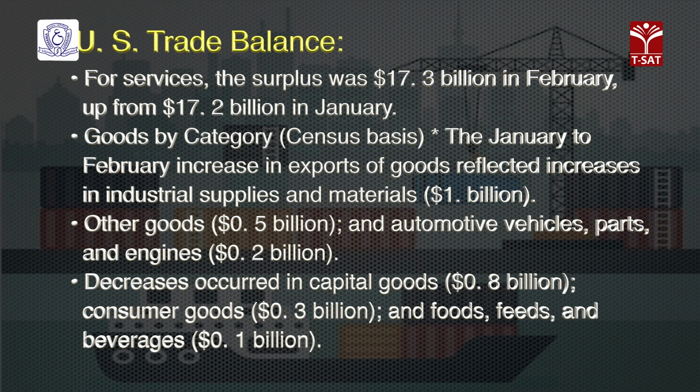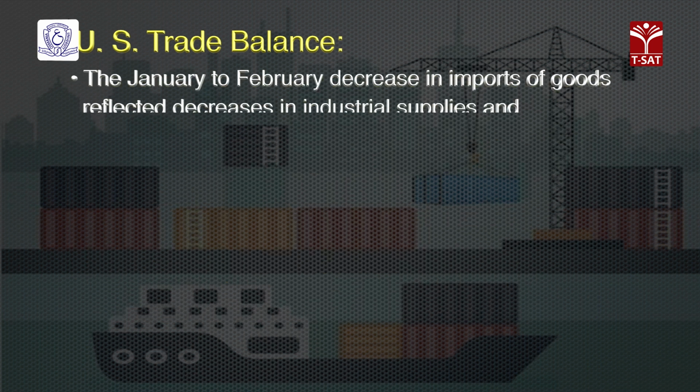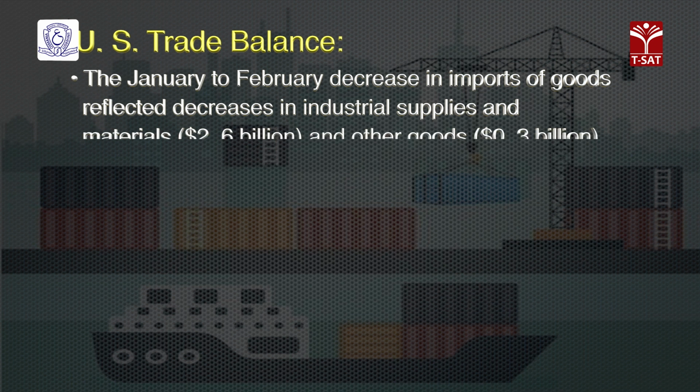Decreases occurred in capital goods, that was $0.8 billion, consumer goods, that was $0.3 billion, and foods, feeds and beverages, that was $0.1 billion.